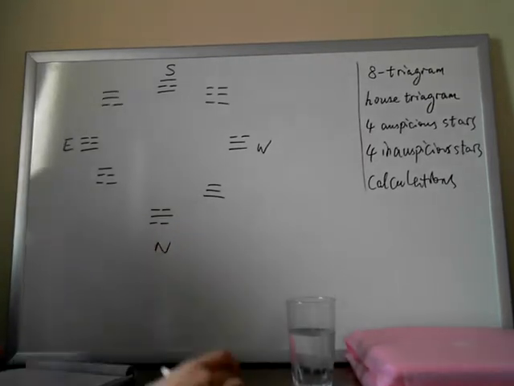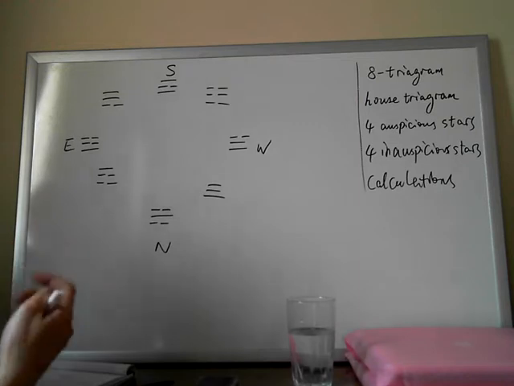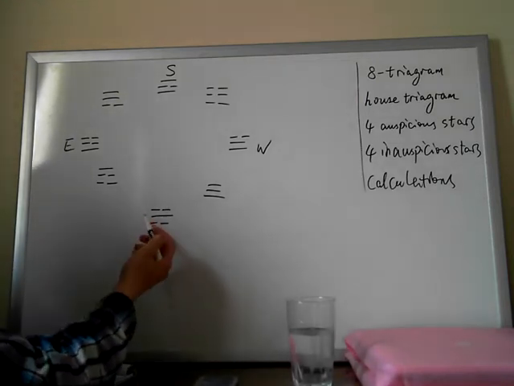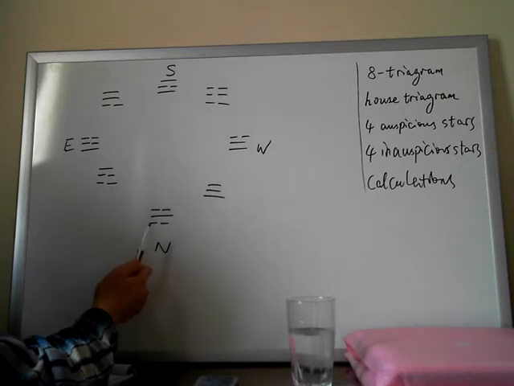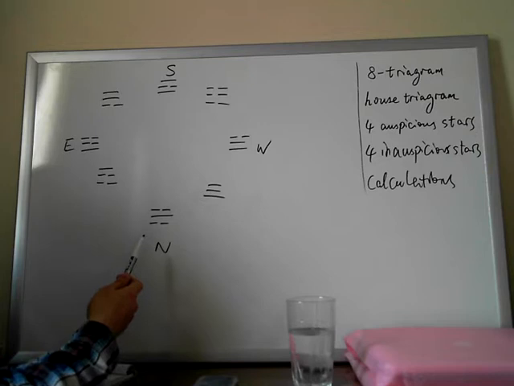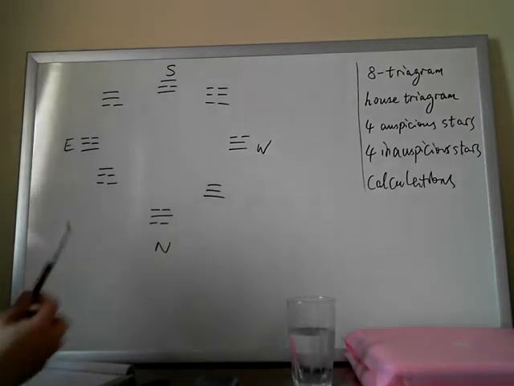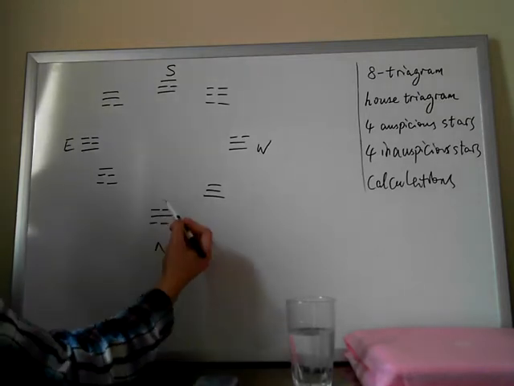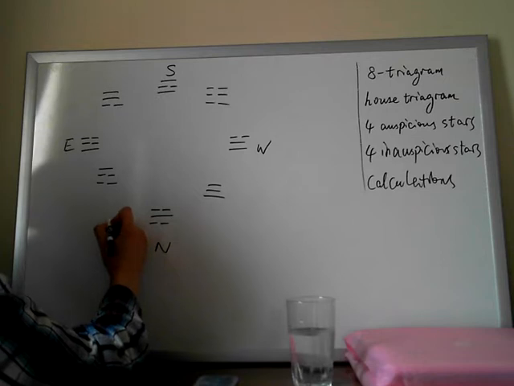Okay. So what you need to be familiar with is the name of each trigram, and also each trigram is associated with a direction and a number. Like for this one, it's Kan. So this is from Mandarin.